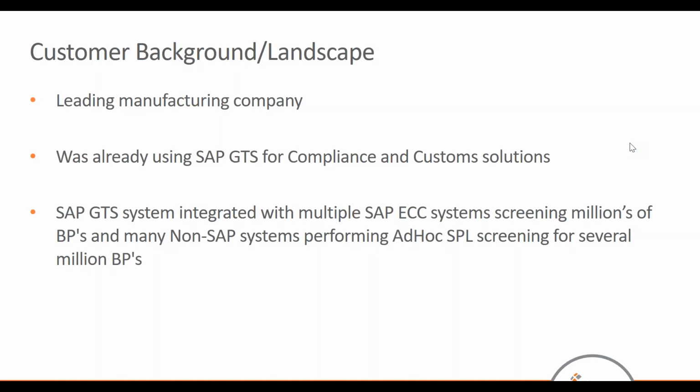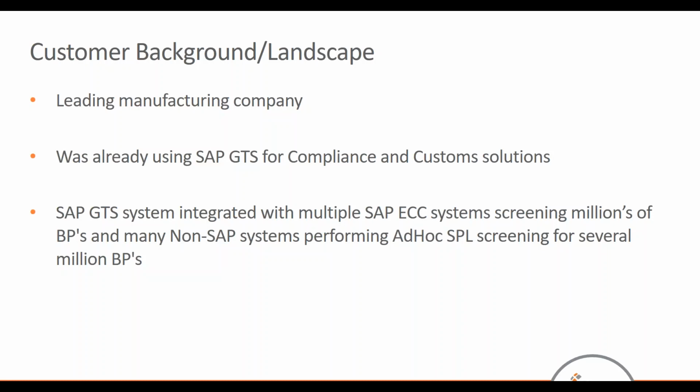The customer is one of the leading manufacturing companies, and they are a SAP shop who are already using SAP ECC, SAP GTS, APO, and a host of other SAP applications. They also have multiple non-SAP systems in their landscape. This SAP GTS system is widely used for their compliance and customs solution.